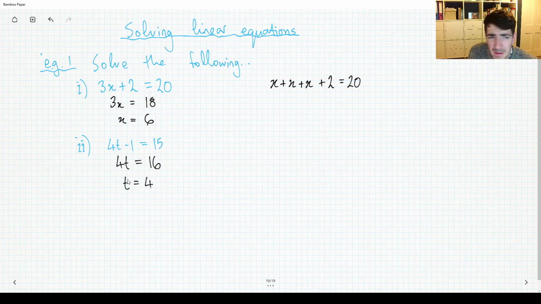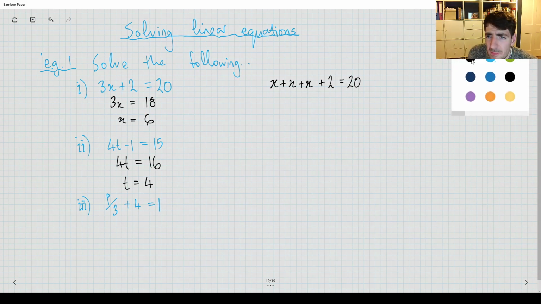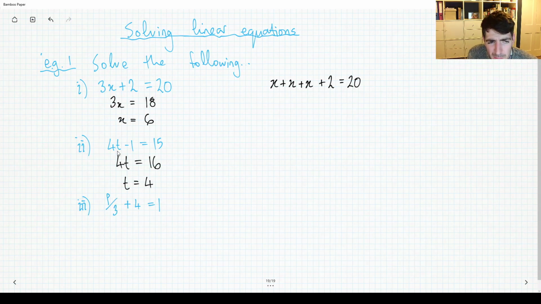And one more example. Third one, which is p divided by 3 plus 4 equals 1. Okay, so this one is kind of the same as above. There's 2 steps, but it's slightly different because we've got a division rather than a product.